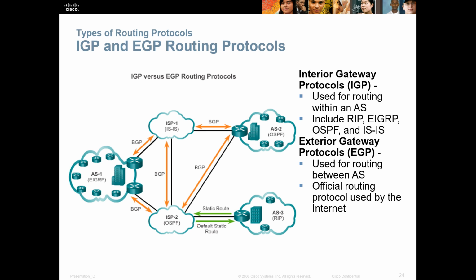So each autonomous system is going to be one sphere of control, one network, one ISP. For the routing between our autonomous systems, we're looking specifically at EGPs. And our normal EGP is going to be BGP. And internal to an autonomous system is going to be our interior gateway protocol.